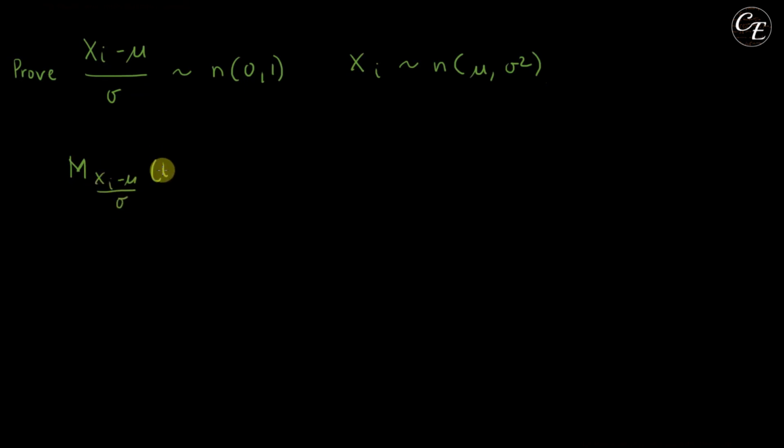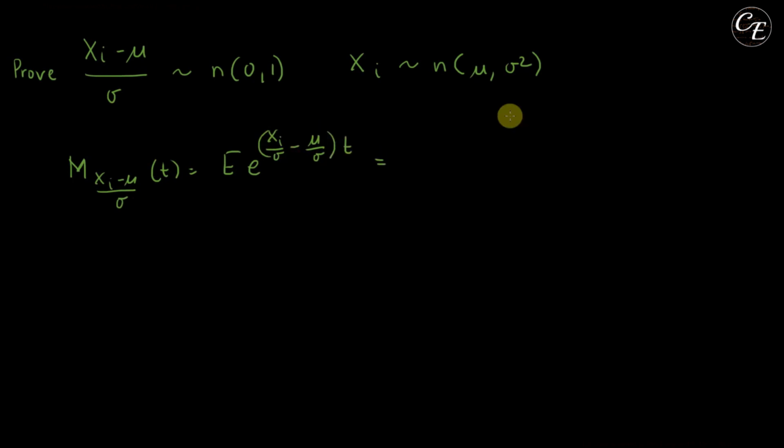of t is equal to the expectation of e raised to this one, so we can distribute this sigma to each term in here, so we have here x sub i over sigma minus mu over sigma, then we have here t.